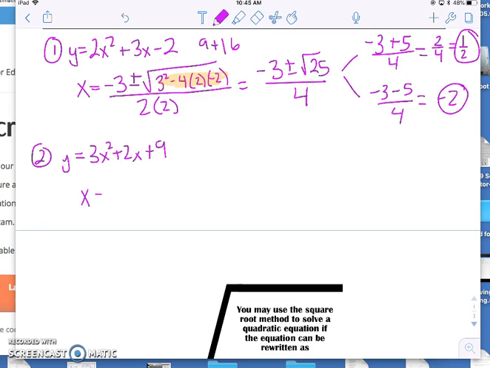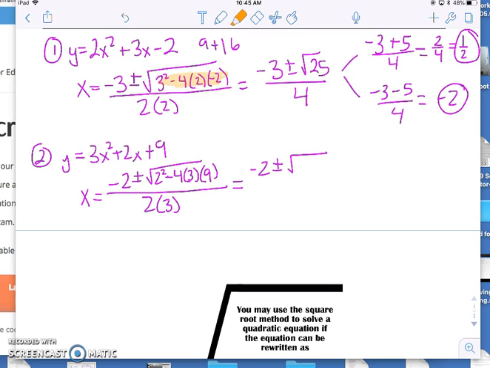So we have x equals the opposite of b plus or minus the square root of b squared minus 4ac. And remember, the divide by everything is over 2 times a. So we have negative 2 plus or minus the square root, and we're going to evaluate what's underneath here.